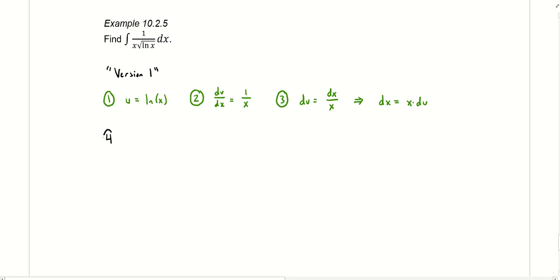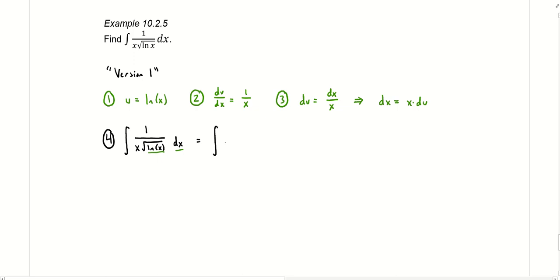So now let's do our substitution. My original integral is 1 over x times the square root of the natural log of x. And so now, every place I see the natural log of x, I'm replacing that with u, and dx is being replaced by x times du. So let's see what that gives us.